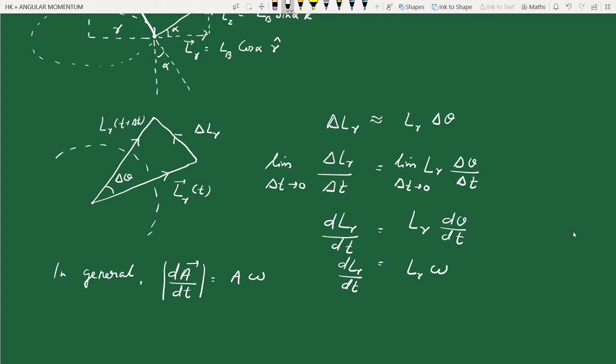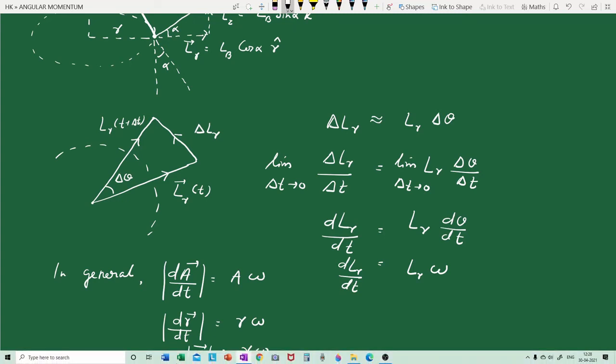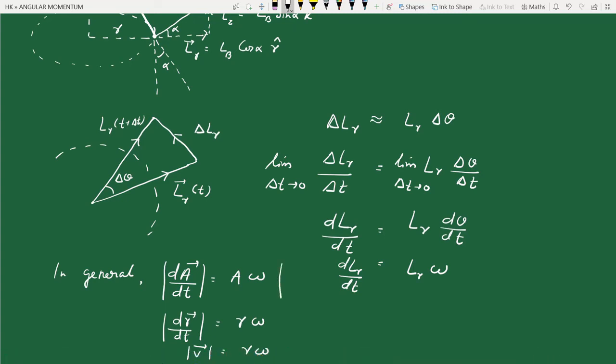This is what we are doing when we consider uniform circular motion: the magnitude of the rate of change of the radial vector we write as R into omega. This is the basis of the equation that the magnitude of the linear or tangential velocity is equal to R omega. These are all special cases.